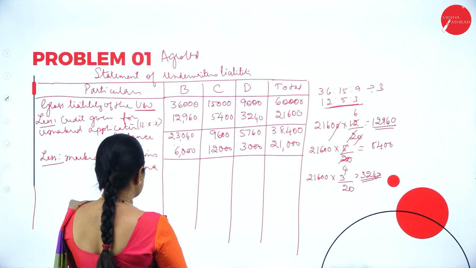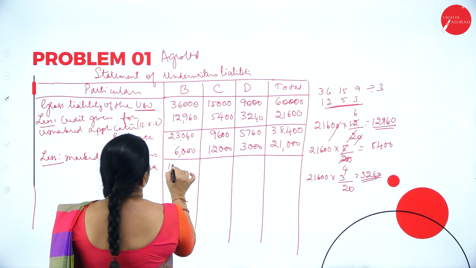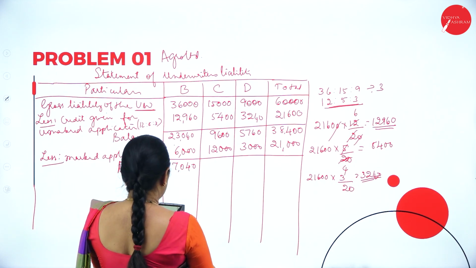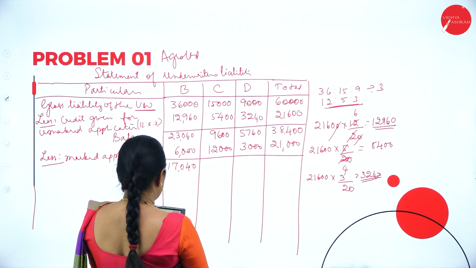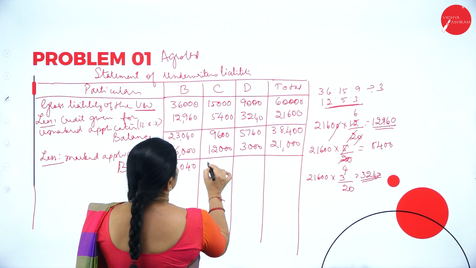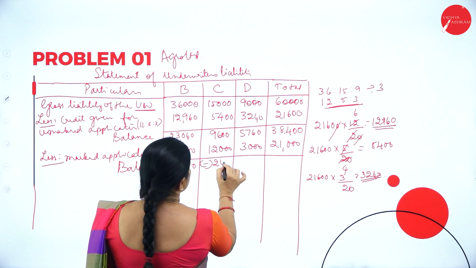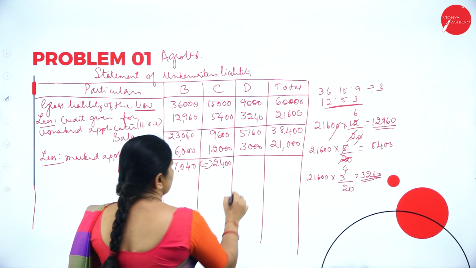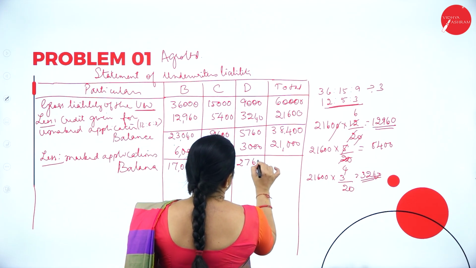Now 23,040 minus 6,000 is 17,040. Then 9,600 minus 12,000 is minus 2,400. Then 2,760.